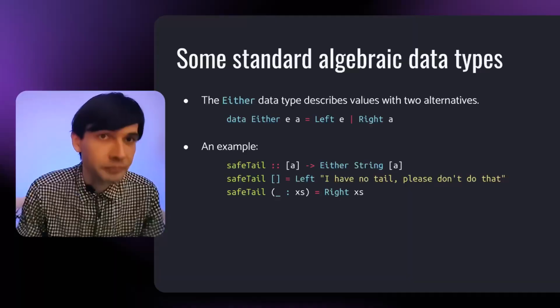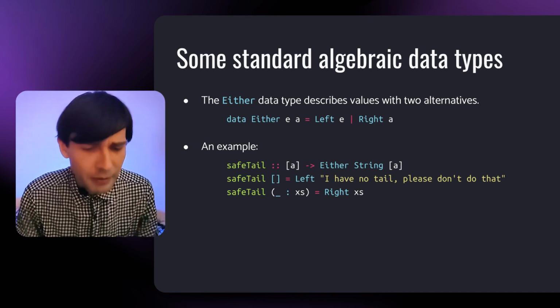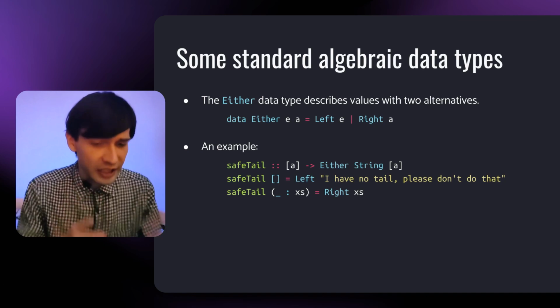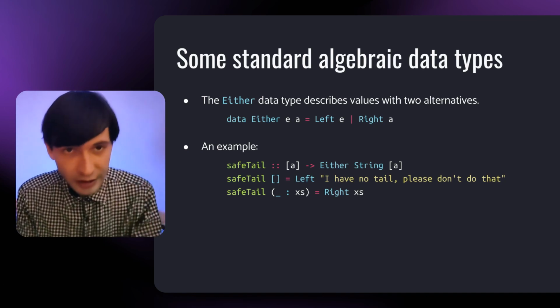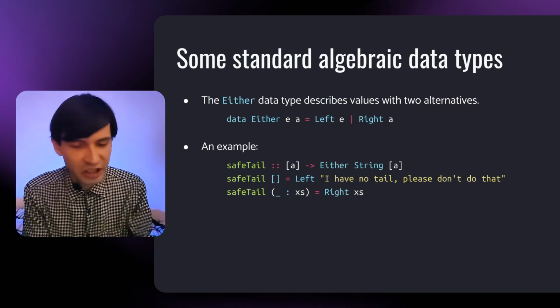So for this reason, the function tail cannot be total, and therefore it's unsafe. And we can redefine this function using the either data type, and we take a list and return either string or list of A.